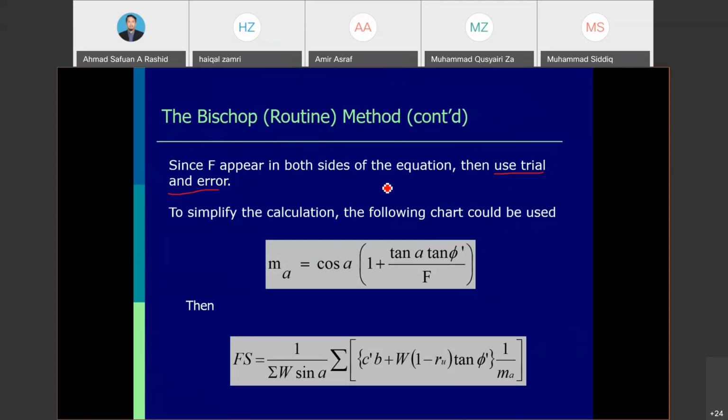They suggest to use the try and error, where we discuss later on, on Dr. Kamarudin example. So to simplify the calculation, the following chart can be used. So there will be another approach. They use a chart.